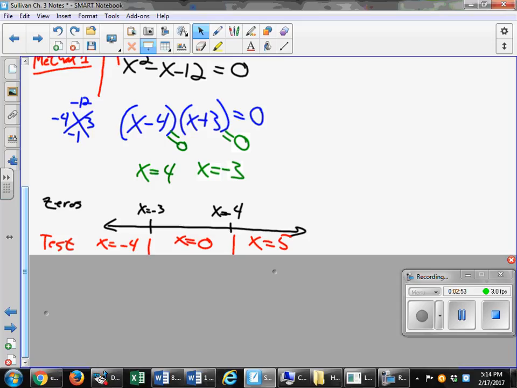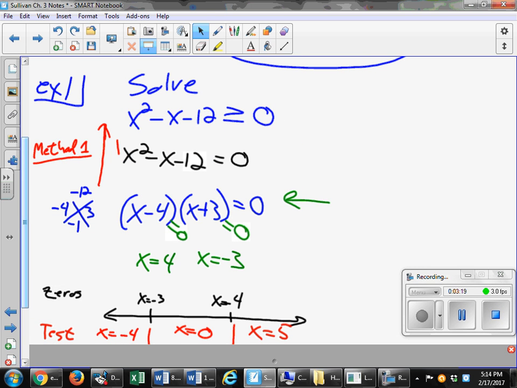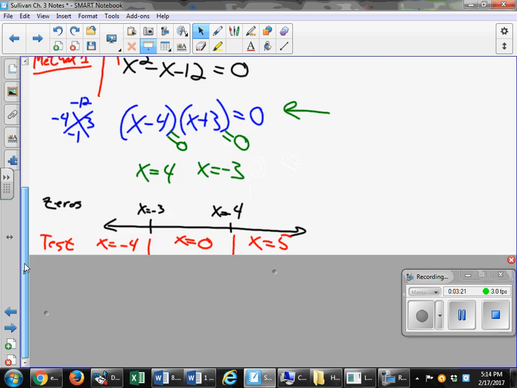So I just pick whatever's easy, stuff that I can do in my head. Now I go back to the factored form. If I put negative 4 in for x, I have negative 4 minus 4. All I really care about is whether it's positive or negative, because that's what the original problem was about.